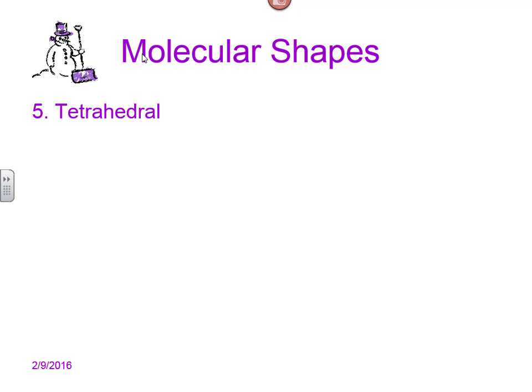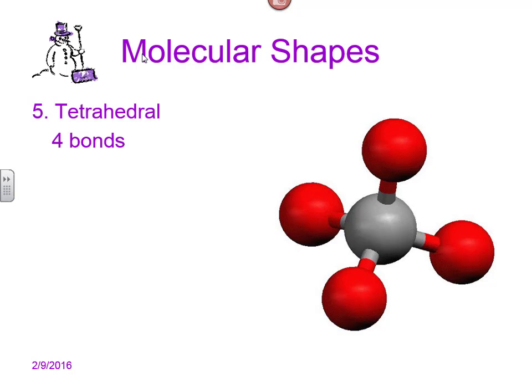This is what that would look like. Believe it or not, all of the angles on this molecule are even. They're all about 109 degrees. There are 4 bonds. There are no unshared pairs. This one's a little harder to draw by hand when you draw the 3-dimensional shape.